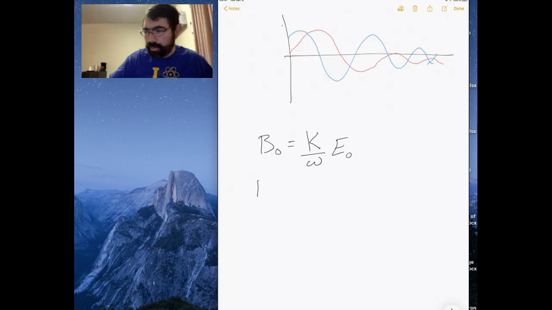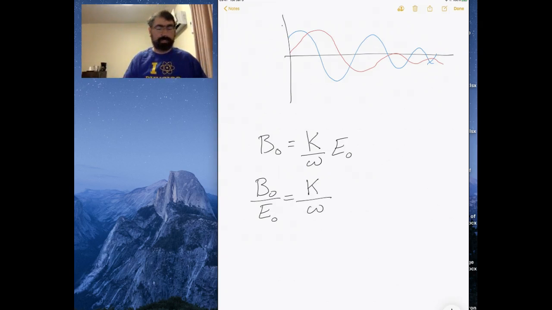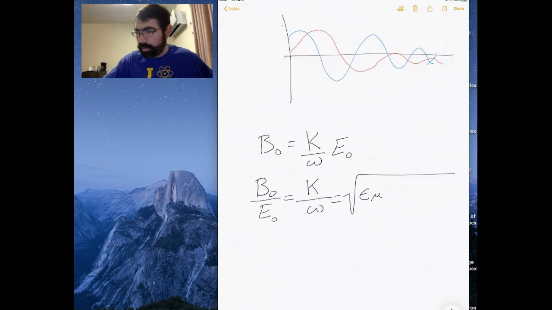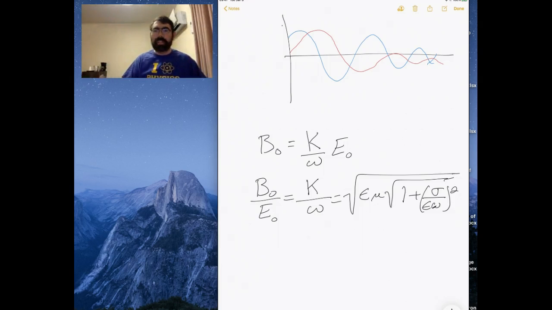So B0 over E is essentially capital K over omega, which, when you put this together, gives you the square root of epsilon mu times the square root of 1 plus the conductivity over the permittivity times the frequency, that whole thing squared.